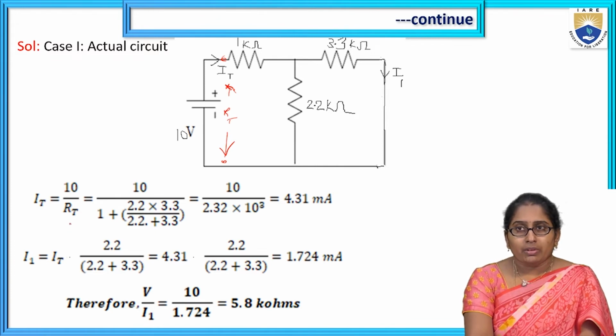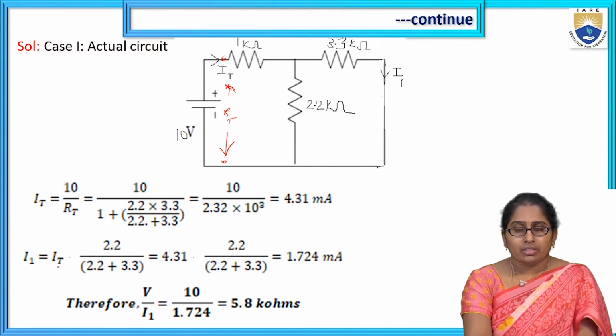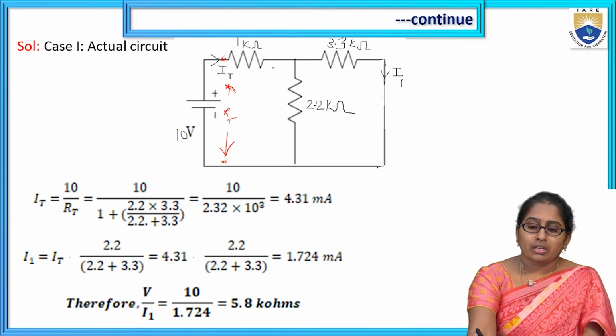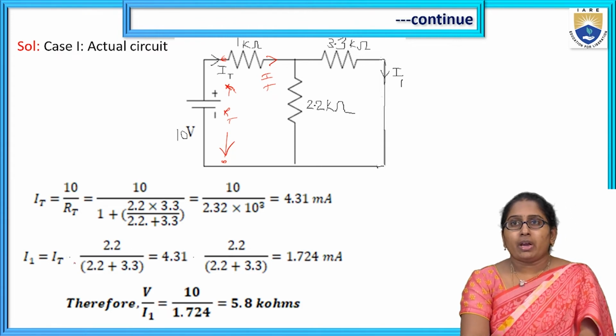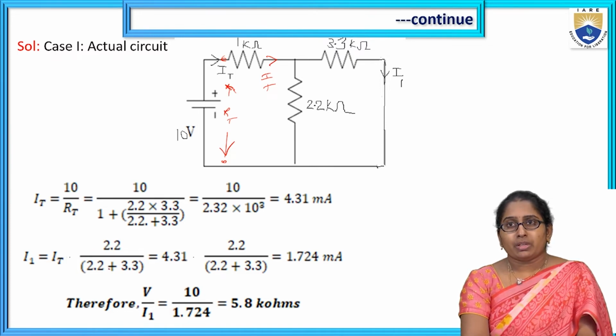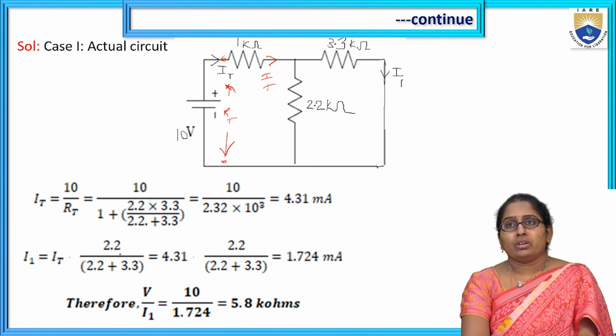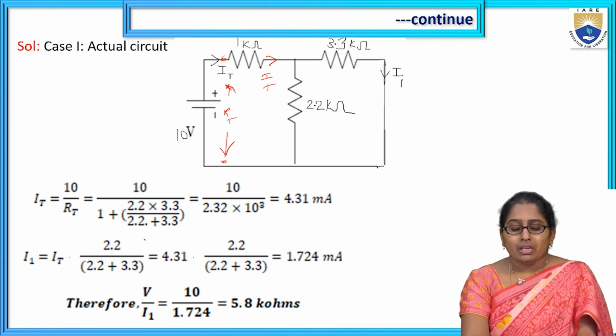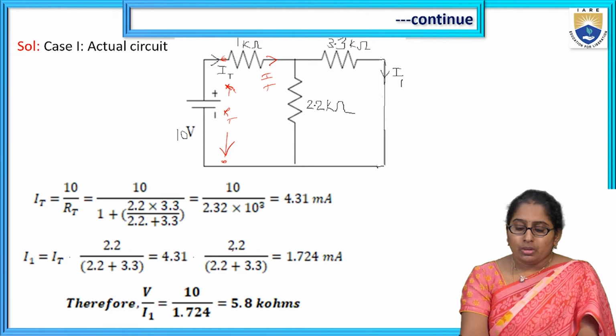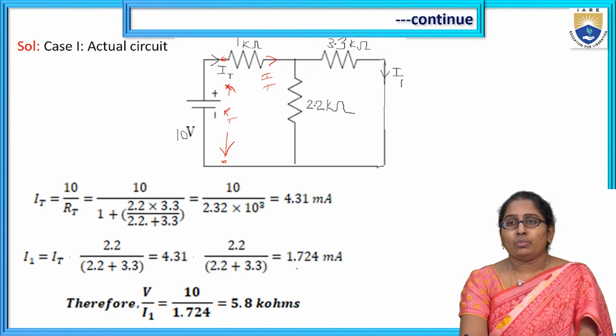Then the current I1: the current here is IT, so according to the current division rule, I1 is given by the total current times the opposite resistance over the sum of the two resistances. So IT times 2.2 over 2.2 plus 3.3 gives the I1 value of 1.724 milliamperes.